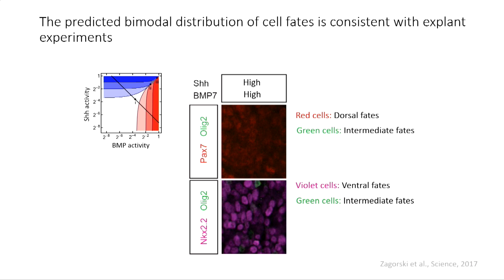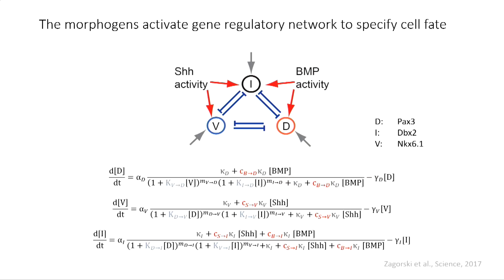But the question remained how cells could perform this optimal decoding, and the answer was, okay, let's try to see whether we could propose a gene regulatory network that will also act in this way.